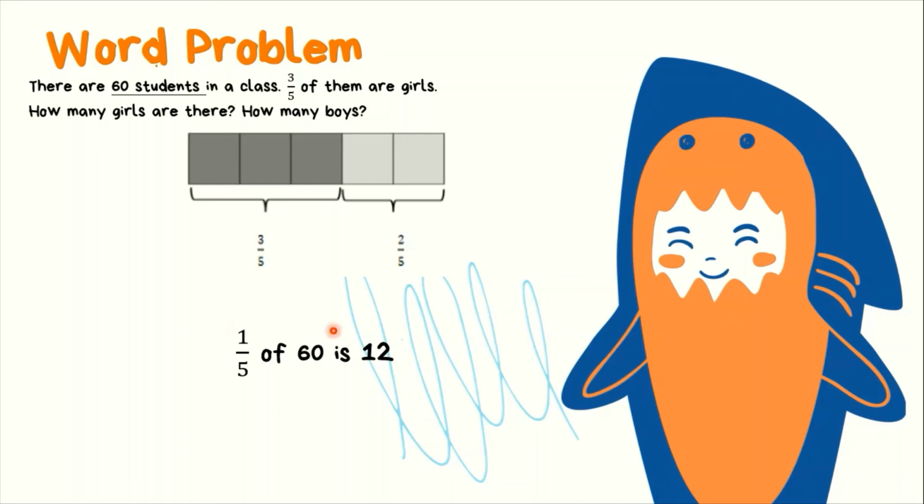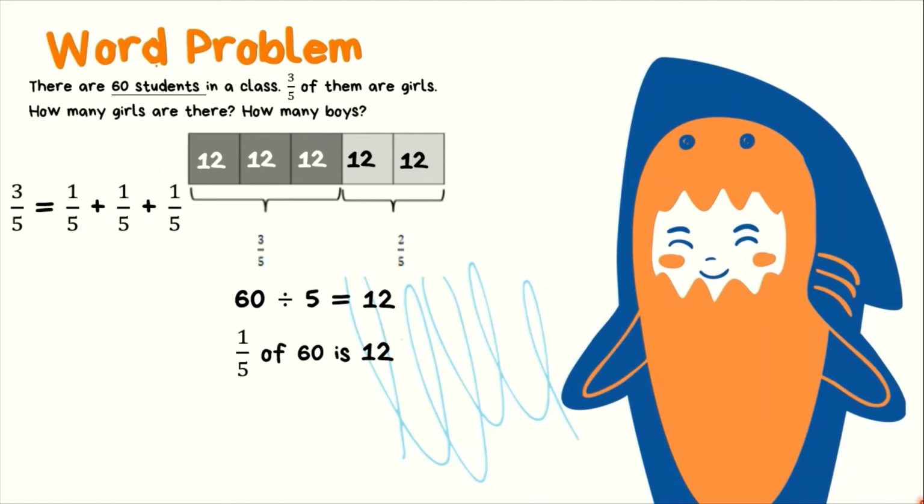Kaya multiply natin sila as is. 1 times 60 is 60, 5 times 1 is 5. Ang sagot natin pag minultiply natin ang 1/5 at ang 60 ay 60/5. That is also 60 divided by 5. 60 divided by 5 is 12. Kaya naman, 1/5 of 60 is 12. Each block includes 12 students.